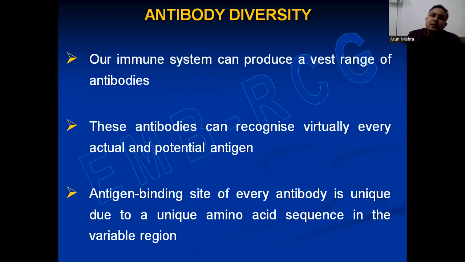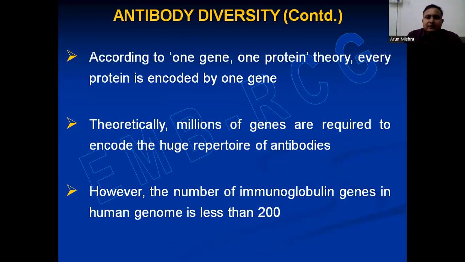The next topic is antibody diversity. Our immune system can produce a vast range of antibodies. These antibodies can recognize virtually every actual and potential antigen. The antigen binding site of every antibody is unique due to a unique amino acid sequence in the variable region.